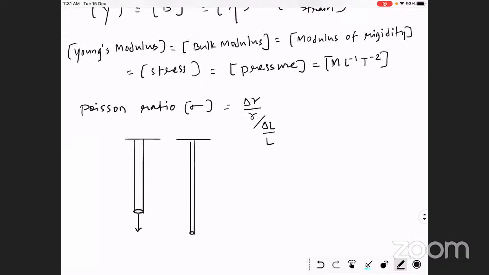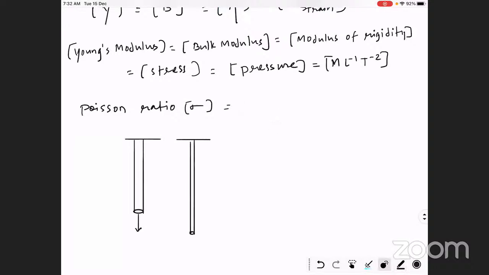Does anyone remember? Let me think once more. Longitudinal strain upon lateral strain, so this is reverse.